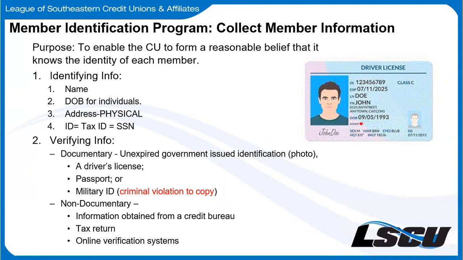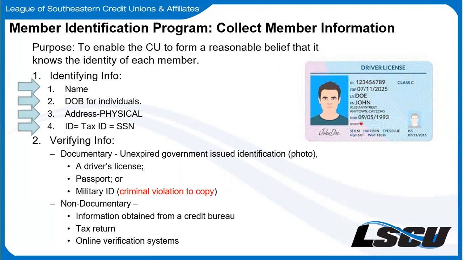And those pieces of information across the board are name, date of birth, address, and we always must have a physical address, as well as our tax ID or social security number. And we also have to have verifying information. So it is not quite enough for the member to provide this information over the phone or fill it out on an application. We must always move down into step 2 and collect our verifying info as well.